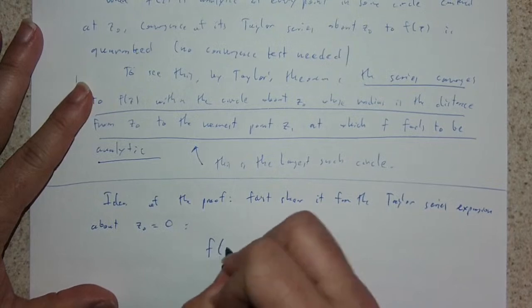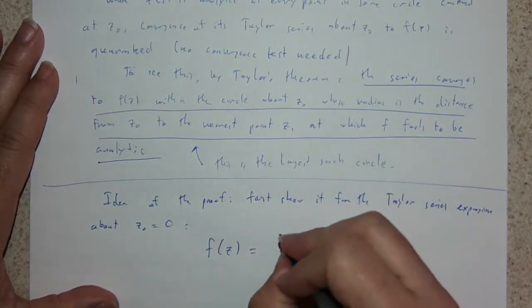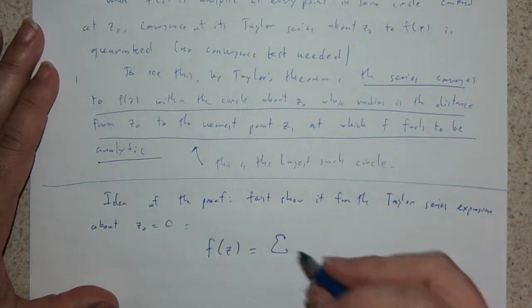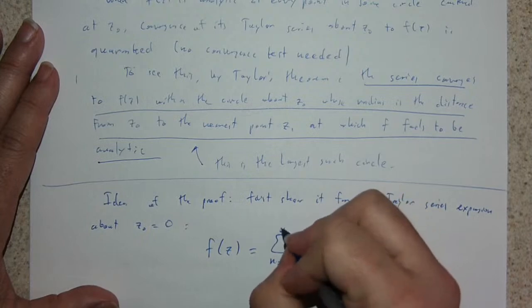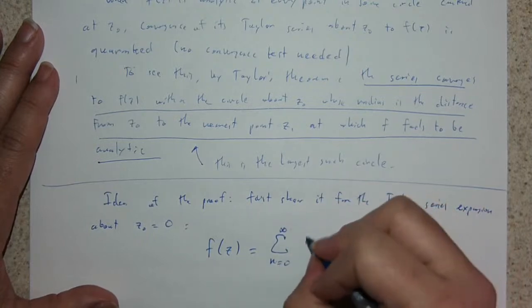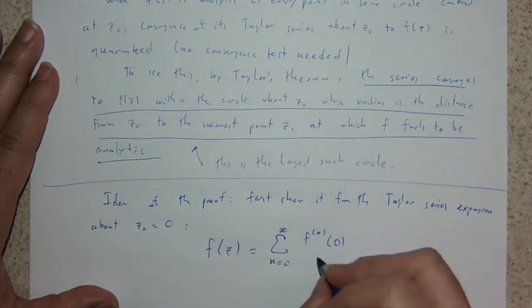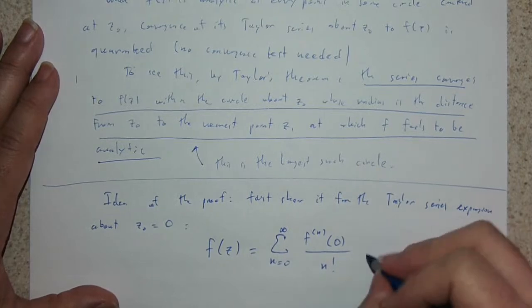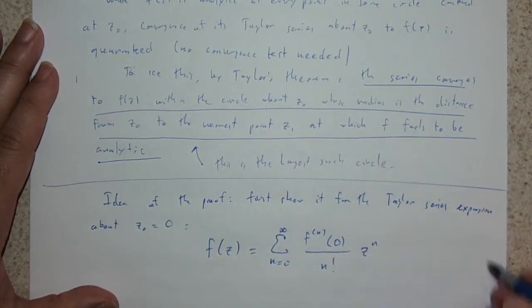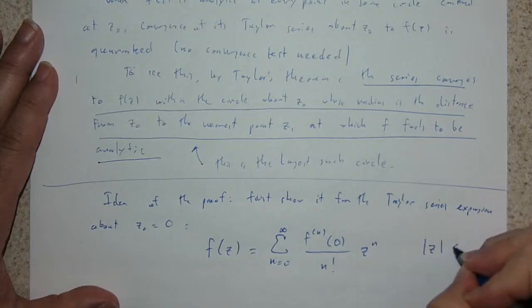So that is, I want to show that f of z has the following Taylor series expansion. So this is the sum from n equals 0 to infinity of the nth derivative of f at 0 over n factorial times z to the n, right? And this is for modulus of z strictly less than r naught.